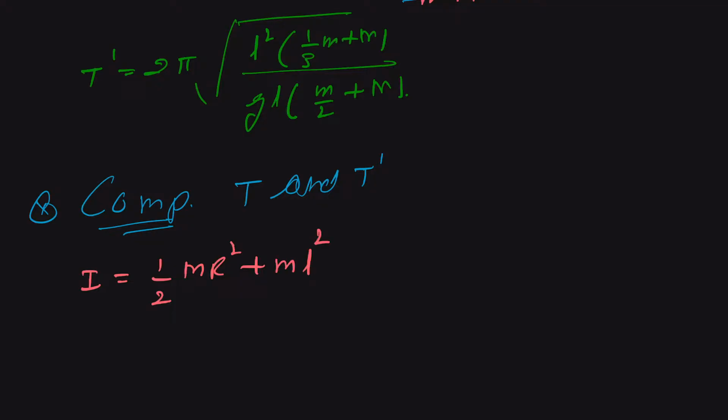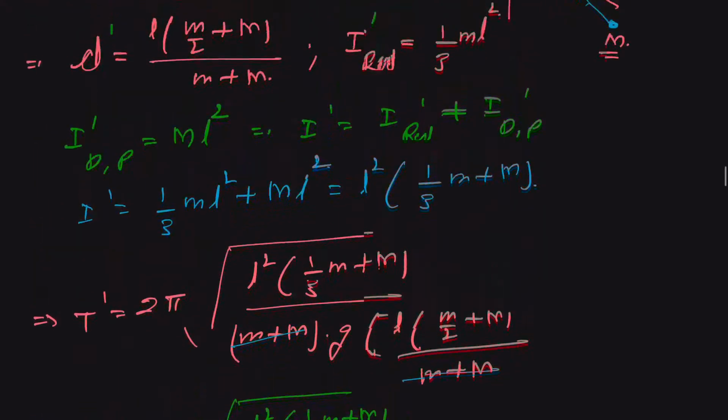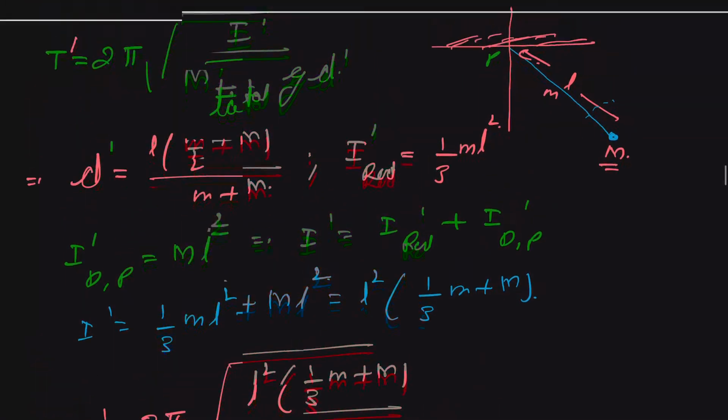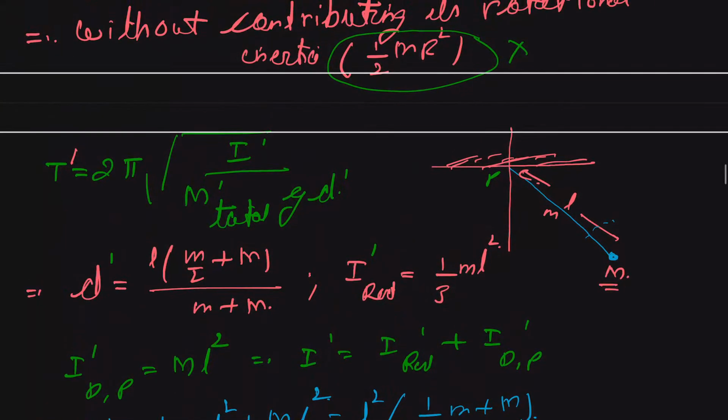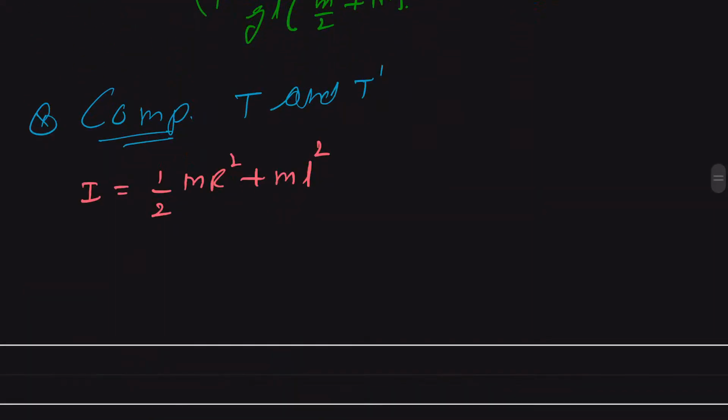And we know that this ml square is equal to I disk about P, which is ML square. So in this place we can write simply I prime. So this becomes 1 by 2 mr square plus I prime.